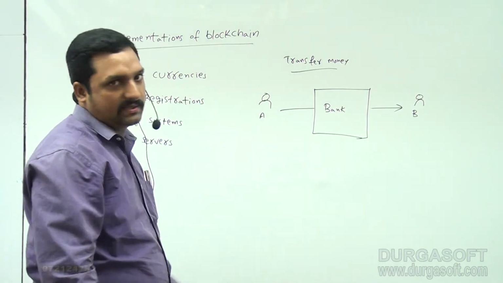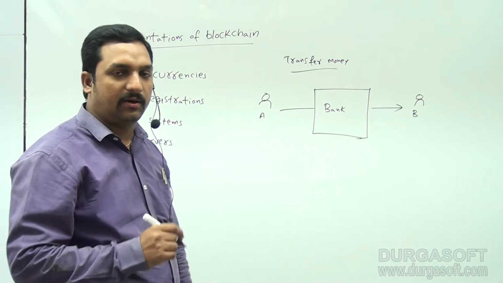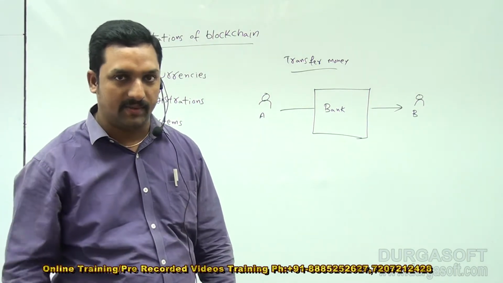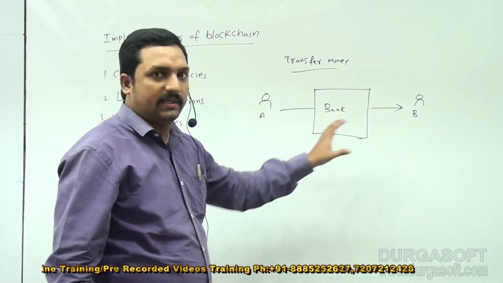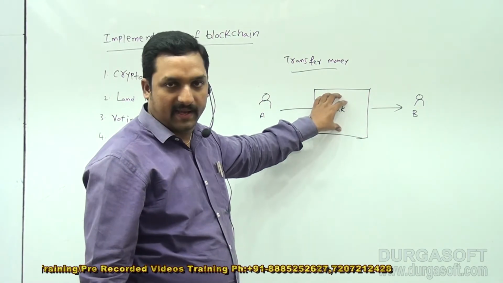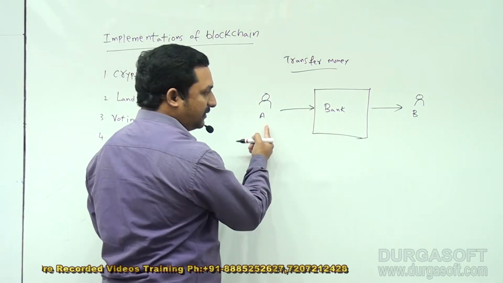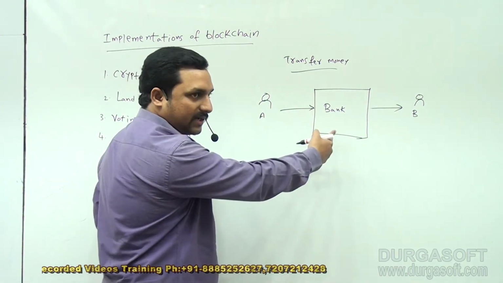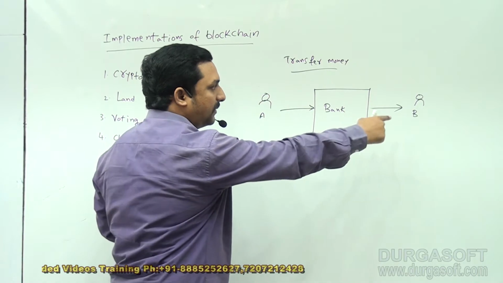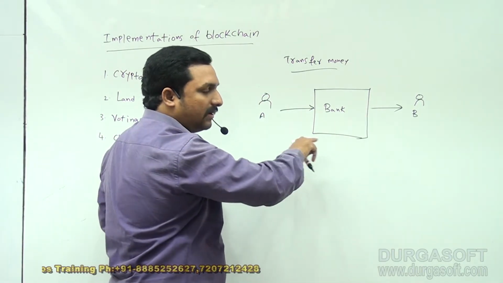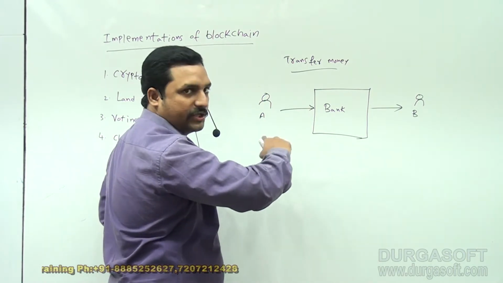So, this bank is also called a trusted third party. Why is it called trusted? Because both of these persons trust this particular bank. So, A is transferring some money to the bank account. B can receive the money from the bank. Through the bank, A and B are interacting with each other.